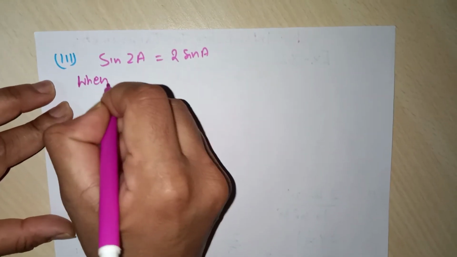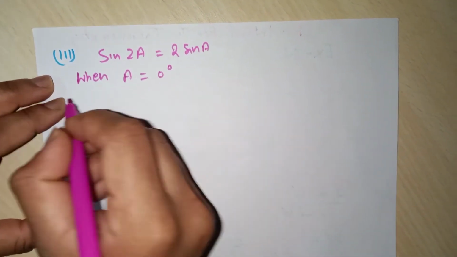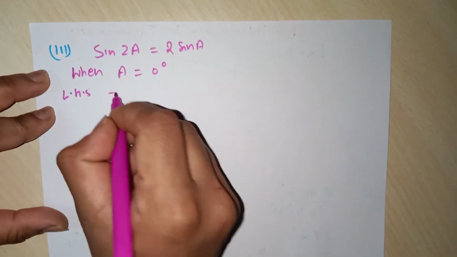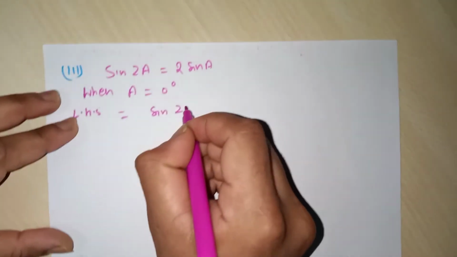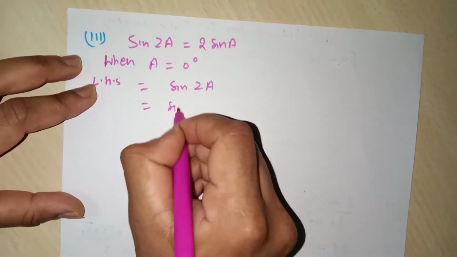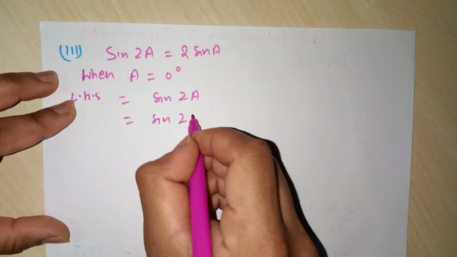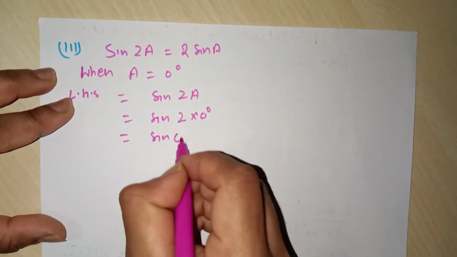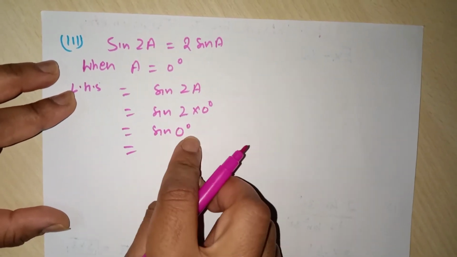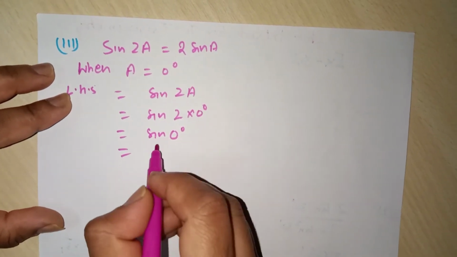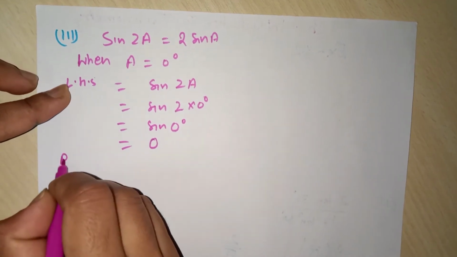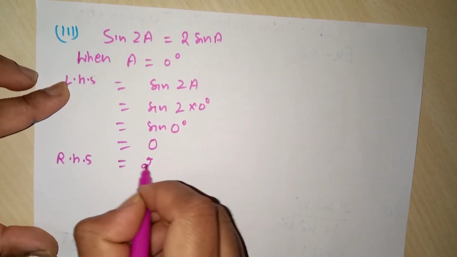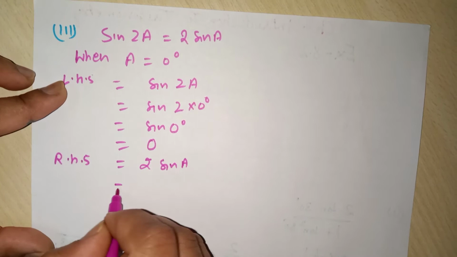When angle A is equal to 0 degree, left hand side will become sin 2a. Put the value of a as 0 degree, you will get 2 multiplied by 0, again 0 degree, and the value of sin at 0 degree angle is equal to 0. Now right hand side, 2 sin a.